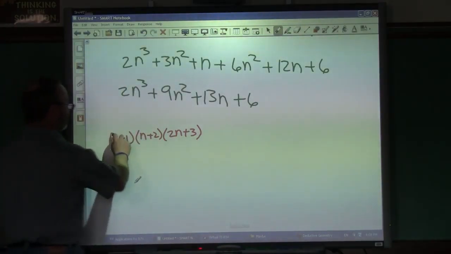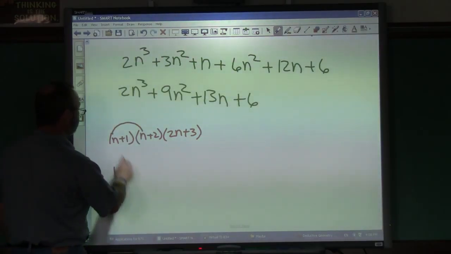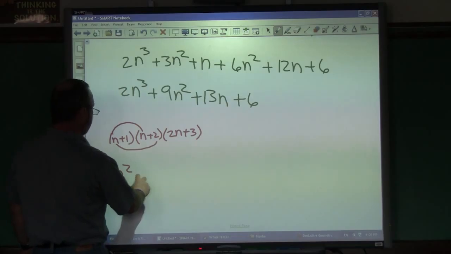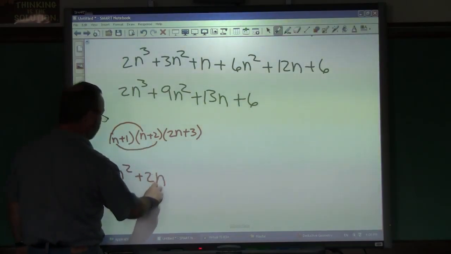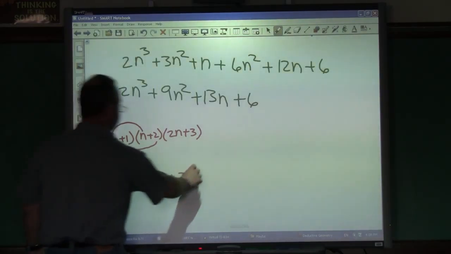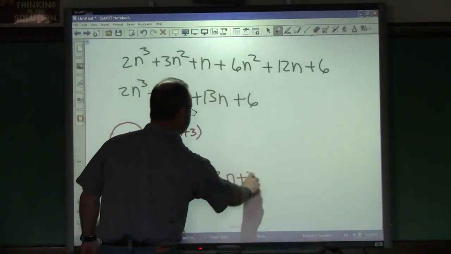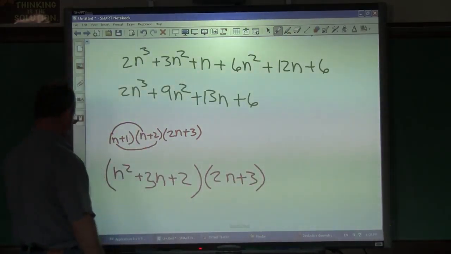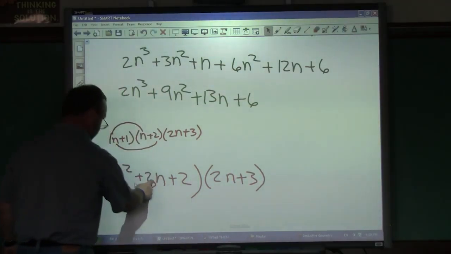So we have n times n gives me n squared plus 2n plus another n, so that's plus 3n plus 2 times 2n plus 3. I'm running out of room on my smartboard here.